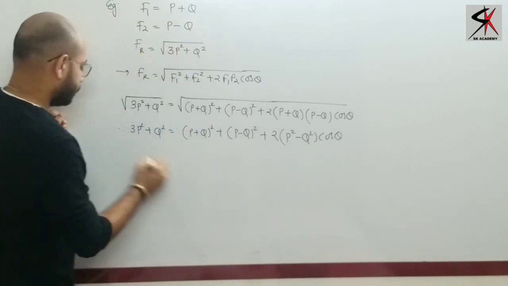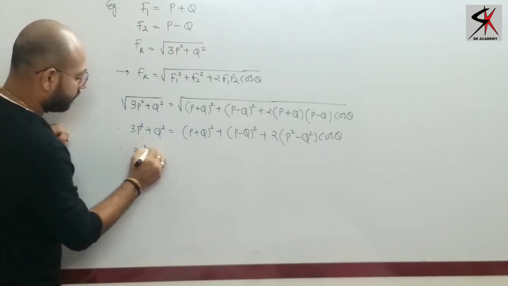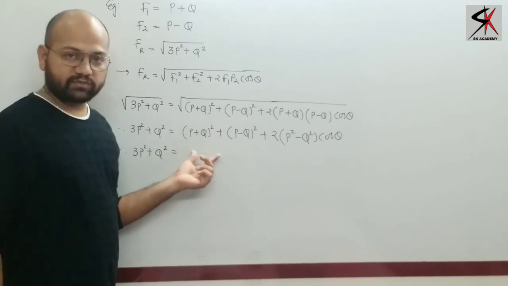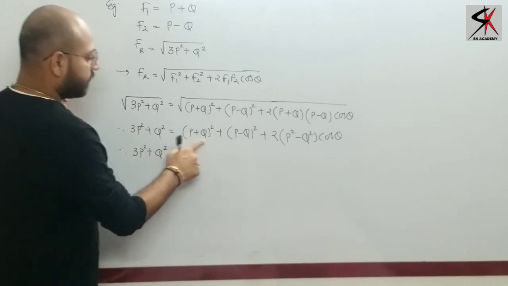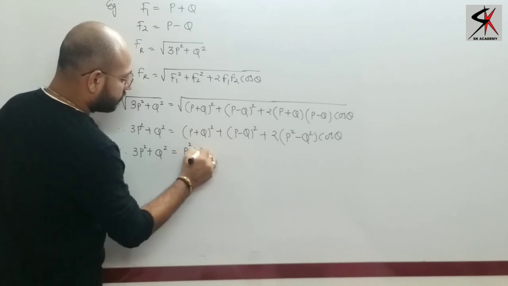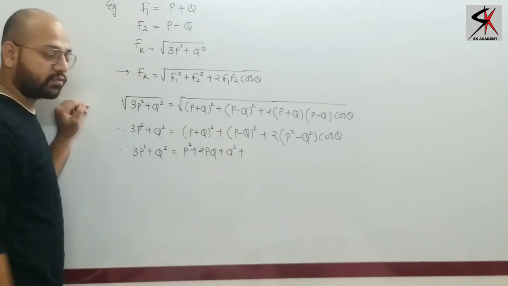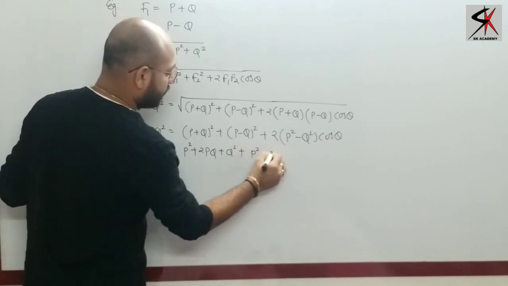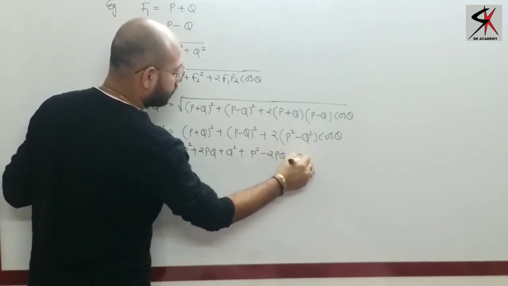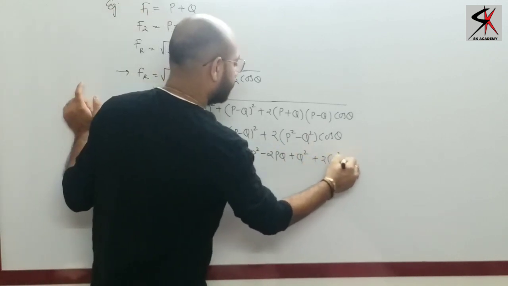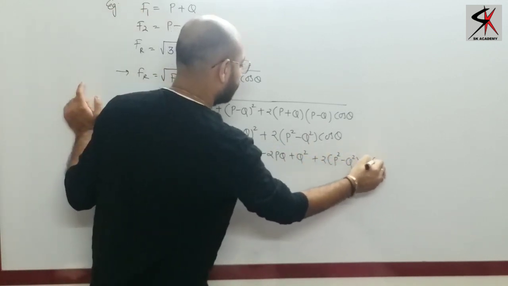Okay, so 3P square plus Q square equals (A plus B) whole square, A square plus 2AB plus B square. Then (P plus Q) whole square means P square plus 2PQ plus Q square, plus (P minus Q) whole square means P square minus 2PQ plus Q square, and this one is as it is, 2(P square minus Q square) cos theta.